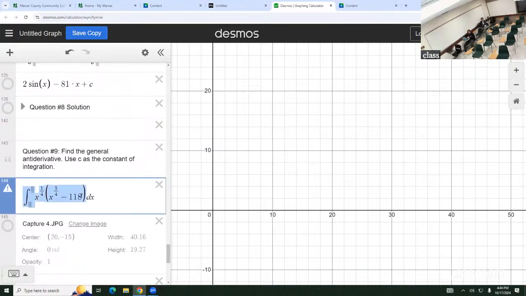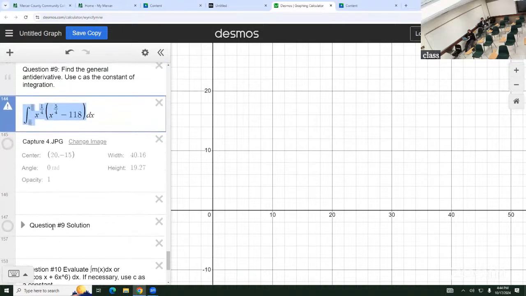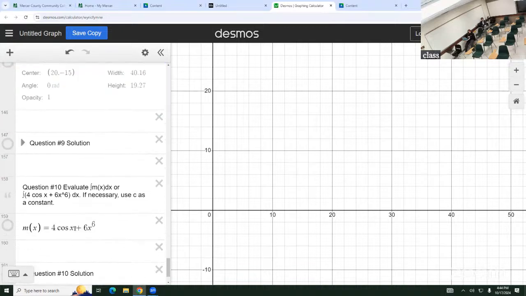Doing something like this requires a little algebra. This says the antiderivative of this. This is going to require that power rule that I just showed you. So let's try it.